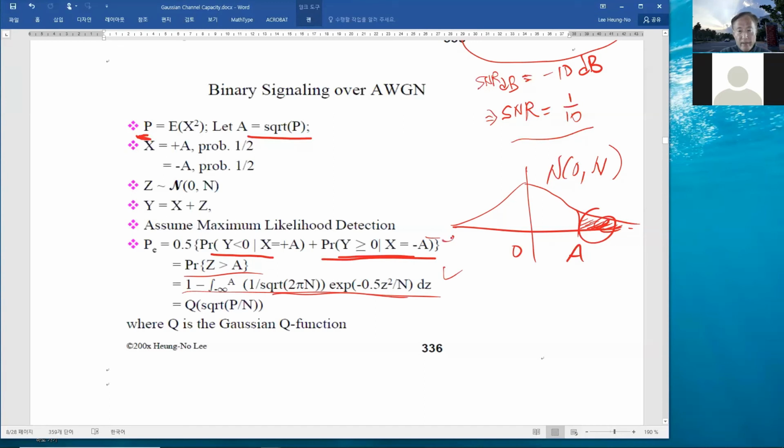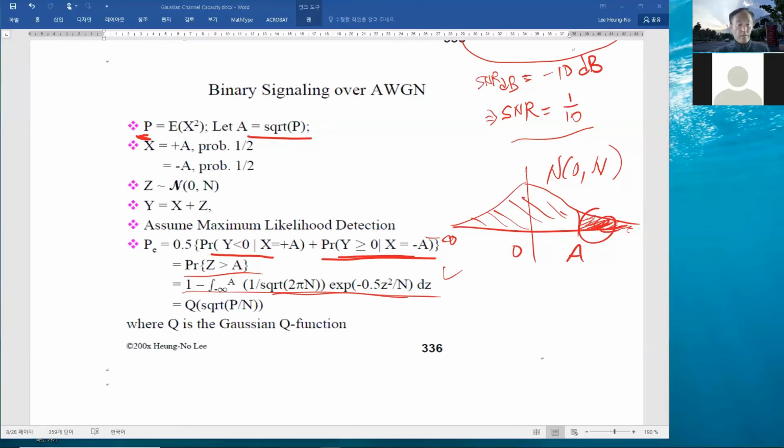Negative infinity to A is this probability, so if you take that away from 1, that's this probability. So we can describe it as a Q function.